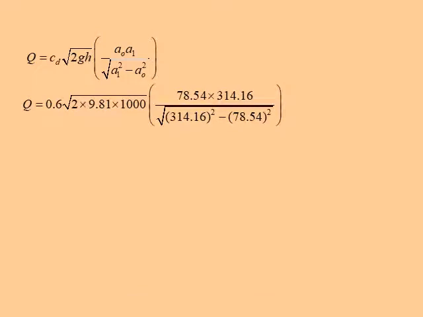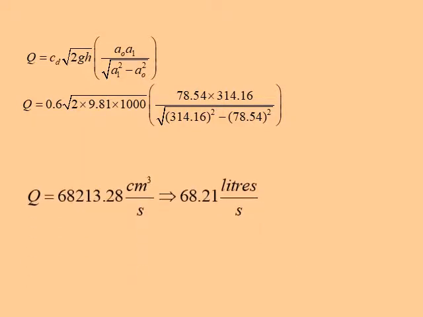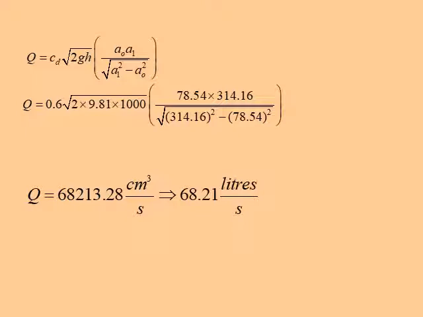Then Q is equal to CD value, given as 0.6, into square root of 2 into g value 9.81 into H equal to 10, and substitute the area values in this equation, then simplify and get the discharge as 68.21 liters per second. So this is the solution for this numerical, where flow rate is measured by using an orifice meter.